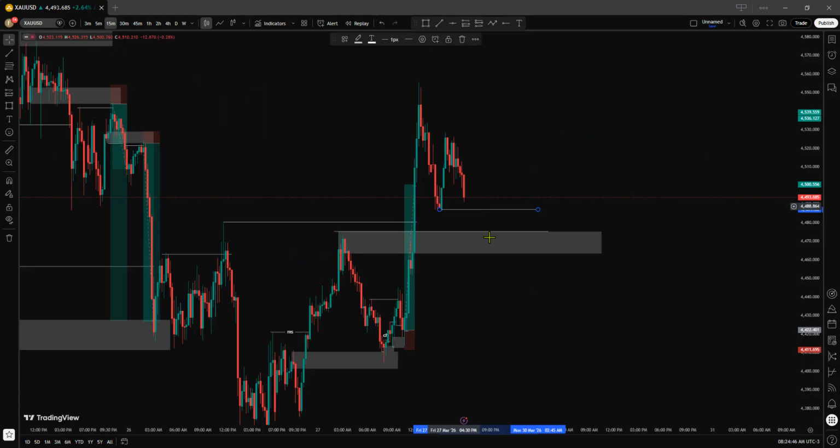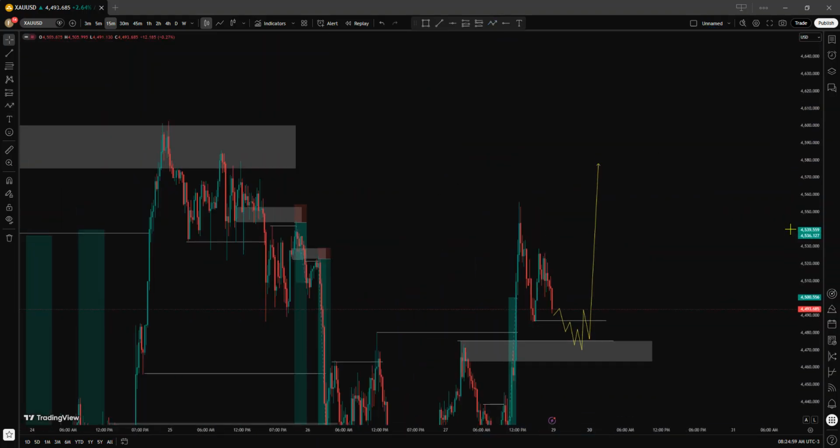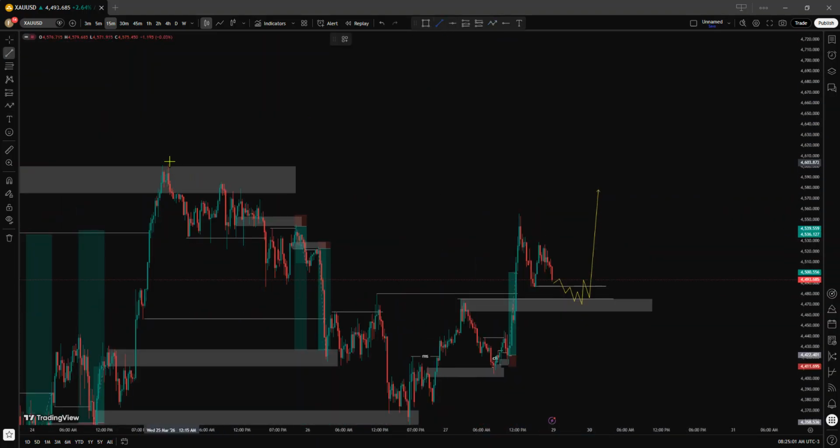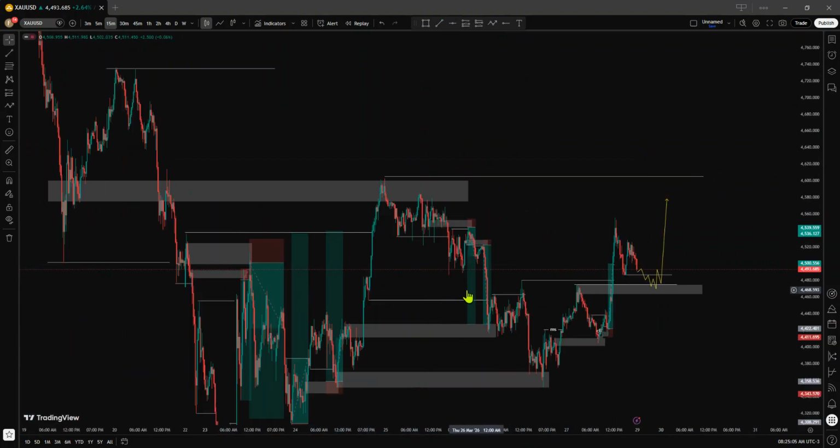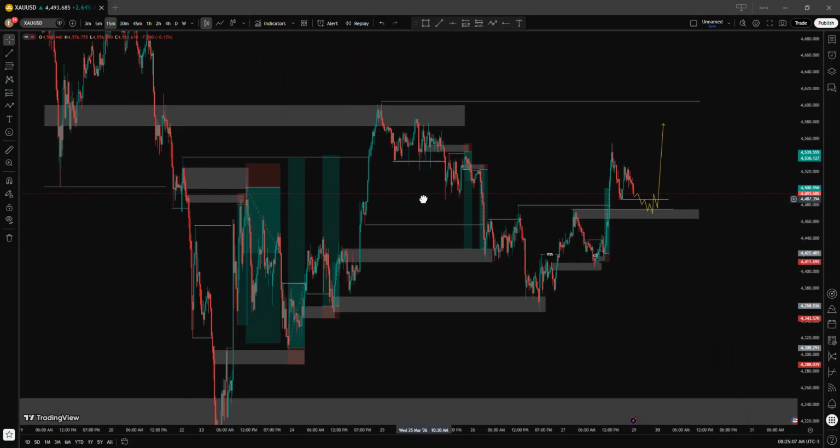So if price comes back into it, I'm going to watch on the lower time frame for price to slow down and then give me another change of character to buy up till price 4,600 or either breaking this high. So this is my lookout from the week, and a very, very, very sweet week to be honest.